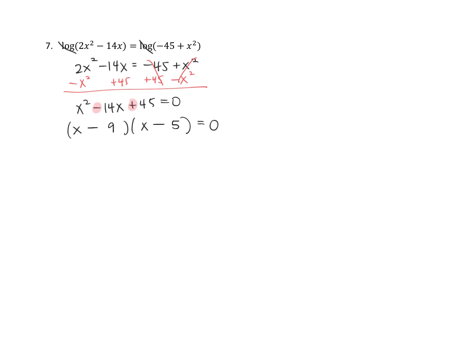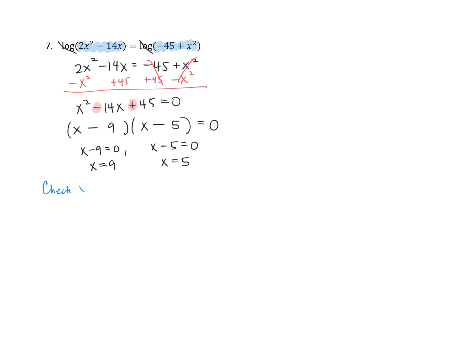And then I can set each factor equal to 0 and solve. So I will get x equals 9 and x equals 5. And so I need to check both of these in both of the arguments. So first I'm going to check x equals 9.